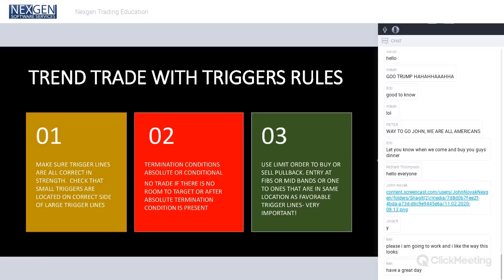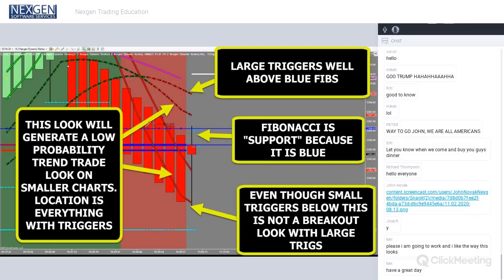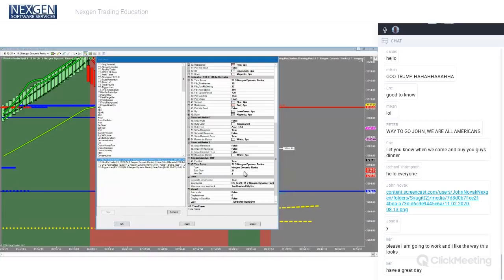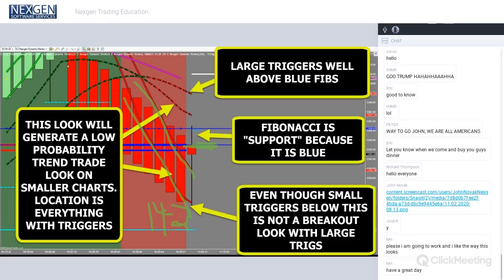It goes back to a look that you guys have seen many, many times, where both small triggers are physically below a blue fib. So in this setting, if I would have used the 14.2 triggers as the synthetic trigger line value, which it isn't, it's 21.3, I'm thinking about changing that, but anyway, you just understand the mechanics.